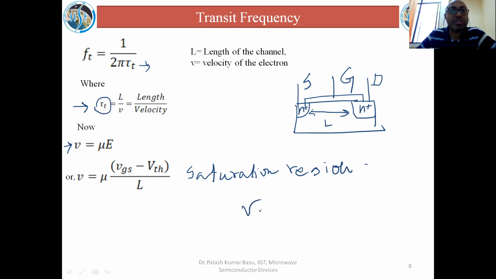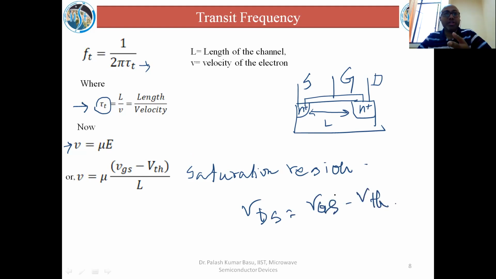You remember in the saturation region VDS is equal to VGS minus V threshold. I don't need to discuss this, you already know. So here it is the same thing: VGS minus V threshold divided by L.